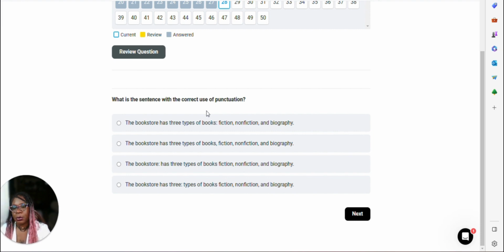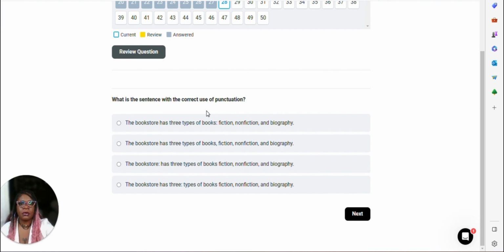Is it, the bookstore: has 3 types of books, fiction, nonfiction, and biography? Or, the bookstore has 3: types of books, fiction, nonfiction, and biography? Which one is it going to be, you guys?